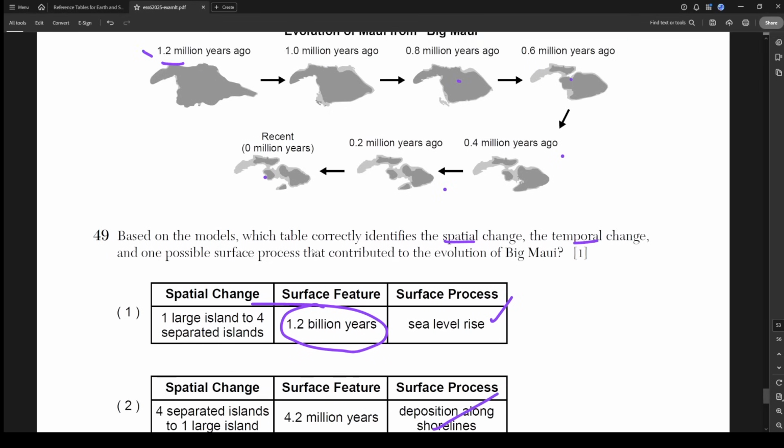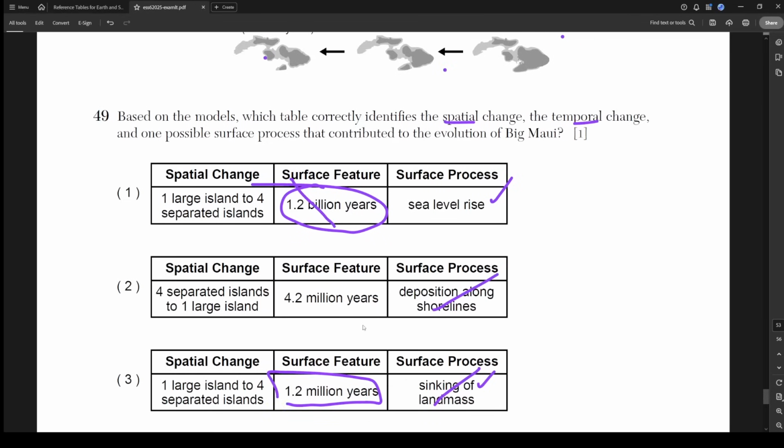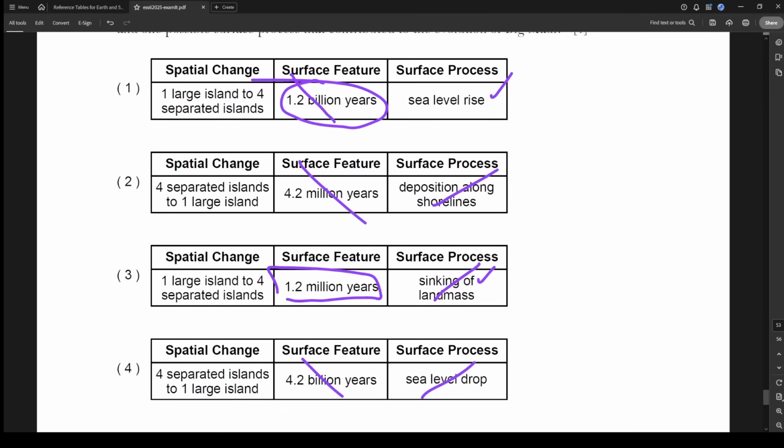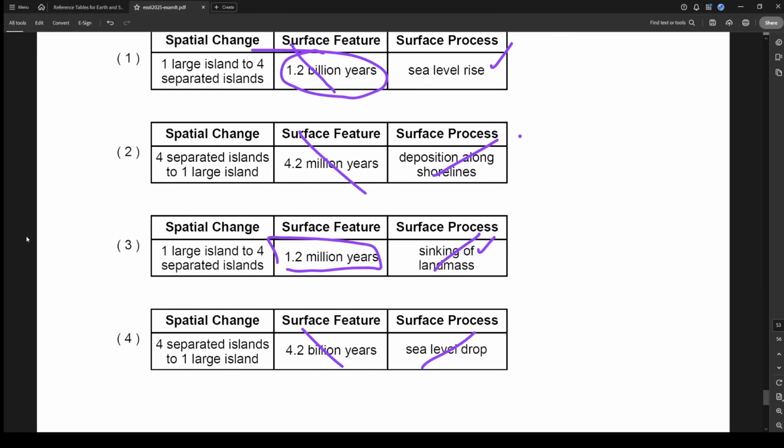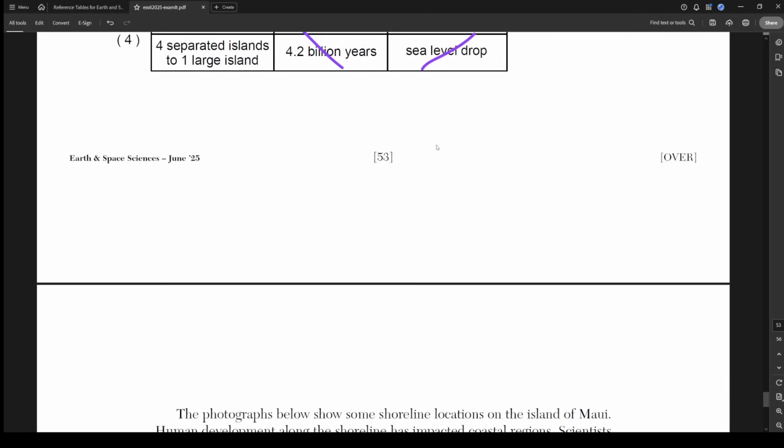Look, 1.2 million is right there. So this is out, and that's out. So, just based on that, it's 3. So that was actually so easy. So I guess it is sinking, which is news to me. But just by the year, this was a 1 out of 10 plus 1 test fatigue, which is probably the reason I picked that.